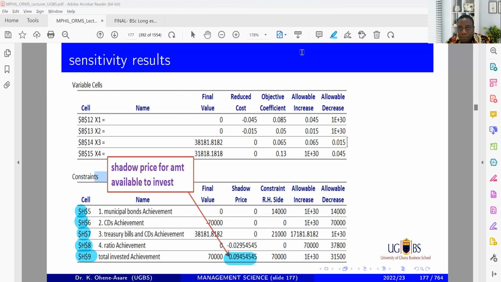The total invested achievement. Okay, so that one is binding. Why? Because it has a positive shadow price. What other reason? The right-hand side is the same as the usage, or the left-hand side. Very good.